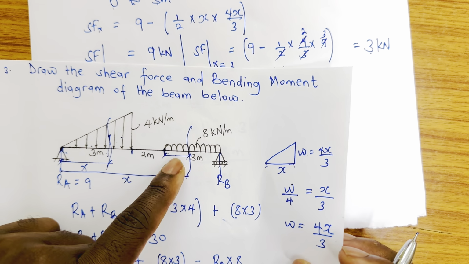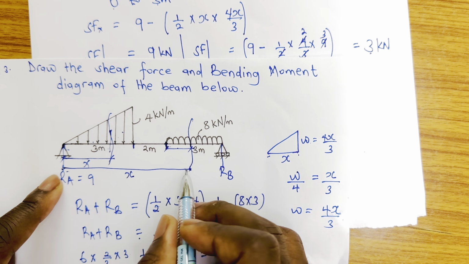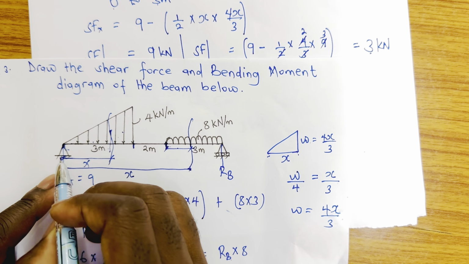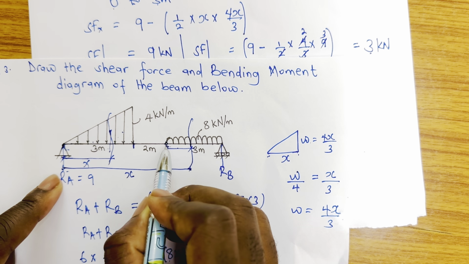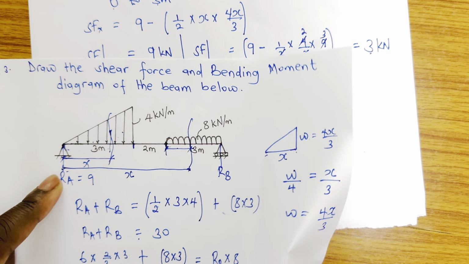If from here up to here is x, then from here up to here should be the total x minus from here up to here, which is 5. I will remain with only this distance. Hope that is clear. So this will be x minus 5.